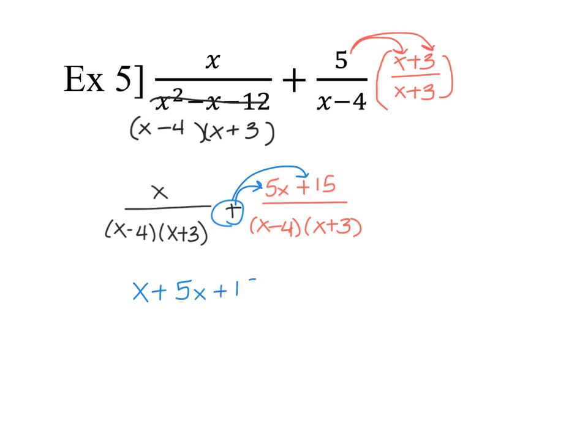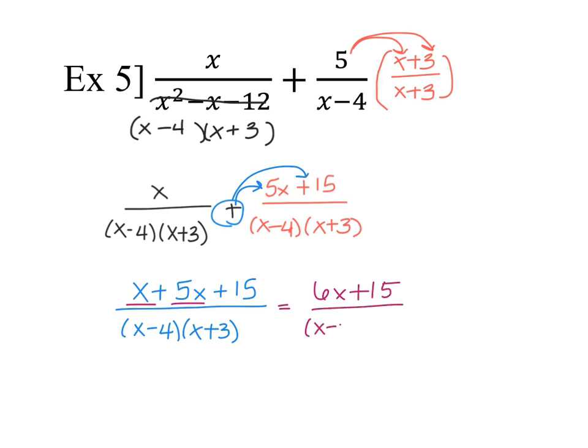So plus 5x plus 15, and again, the denominator is going to stay x minus 4 times x plus 3. Then let's simplify the top. Add your like terms together, x and 5x to make 6x plus 15 over x minus 4 times x plus 3.